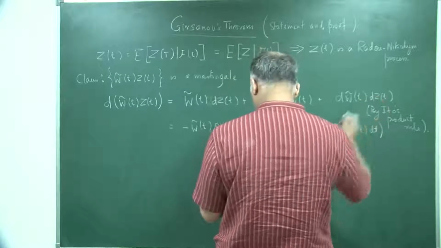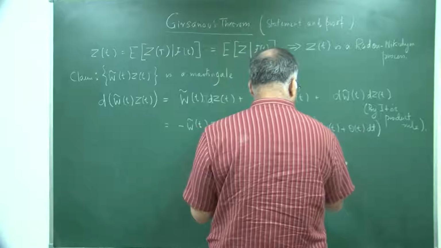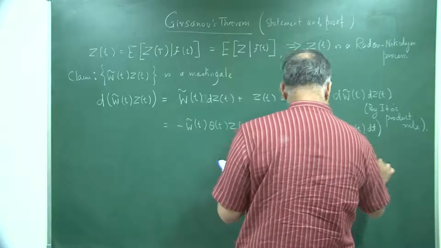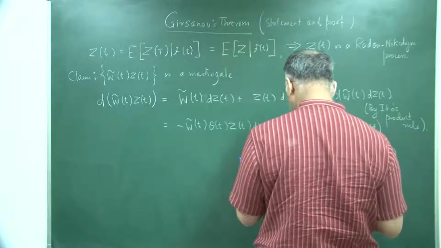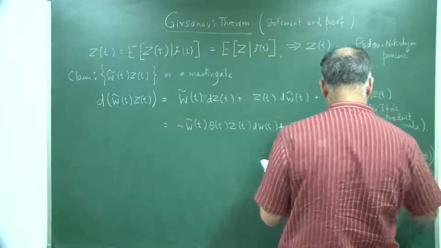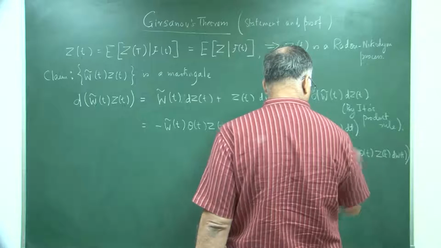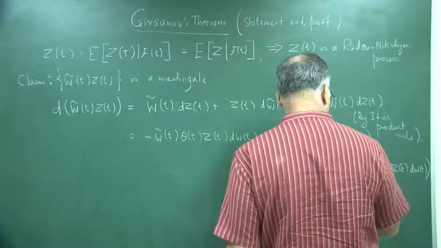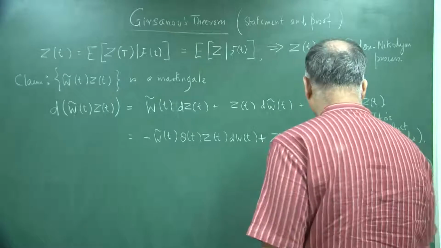So this part, what I will write here, I will have W tilde t times minus theta t Zt dWt, plus Zt times dWt plus theta t dt, plus the cross term. If you take the first term and multiply with this term, you will have dt here, but this term and this term will be a cross variation which will give you 0.